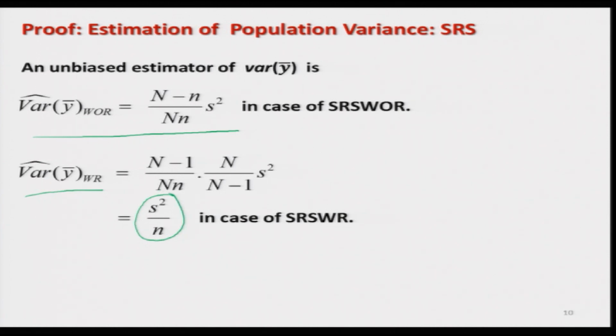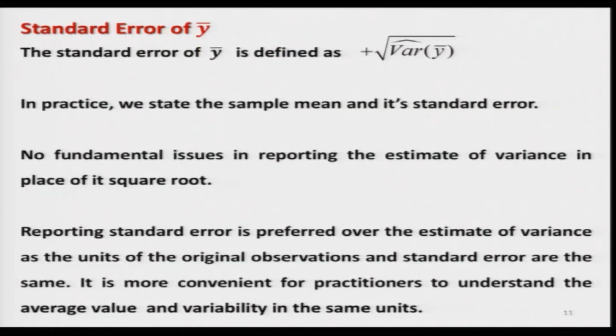I would try to address one issue more, but first I try to tell you the result, and then I try to address this. Now the standard error of the sample mean y bar is defined as the positive square root of the estimated variance of y bar, right, and this is called a standard error.